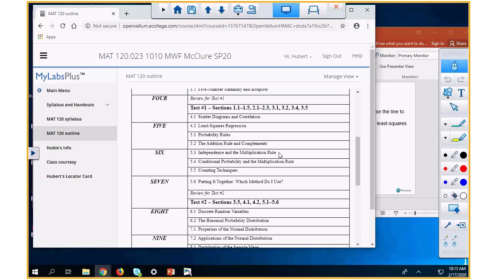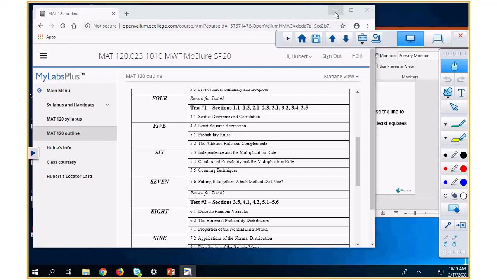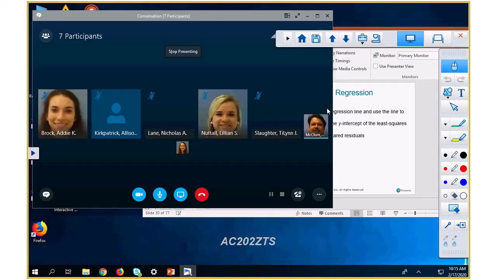I will probably put enough videos to go through 5.1 through 5.3. Now, y'all have had 5.1 and 5.3 material before because you've had basic probability in high school. So you should be able to work your way through the homework. But I will post the videos. They will probably be after this video.